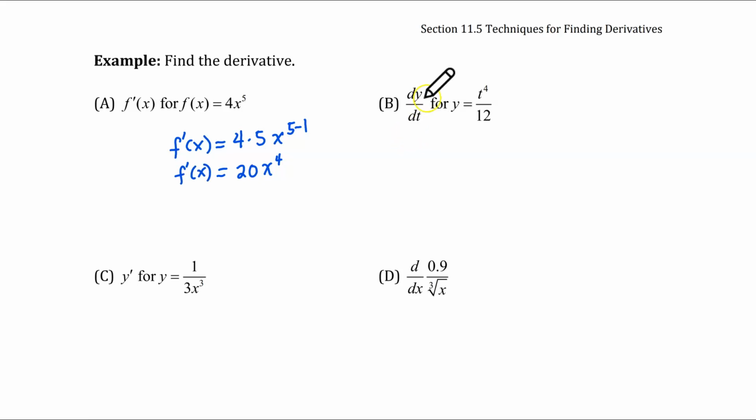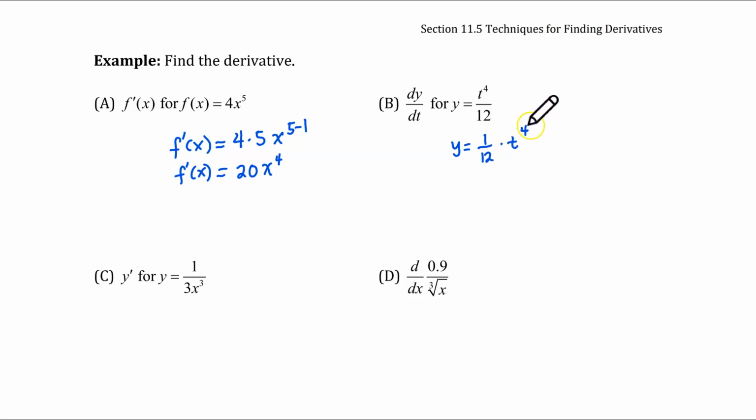Now let's find the derivative of y with respect to t for y equal to t to the 4th over 12. Now to apply the constant multiple property, we have to recognize that this expression is also the same as 1 over 12 times t to the fourth.